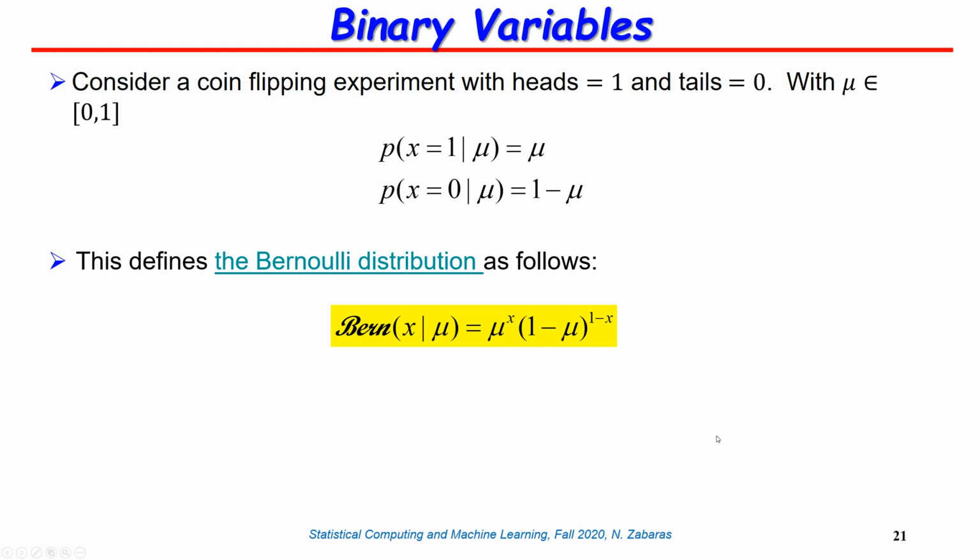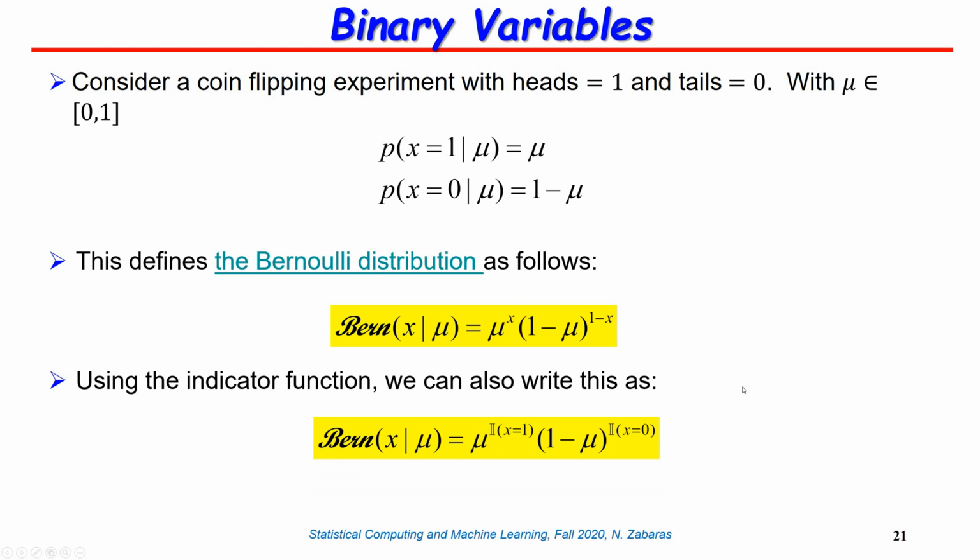Now, a better way to remind yourself that the Bernoulli distribution is for a binary variable that only takes the values x equal 1 and x equal to 0 is to write it with indicator functions. This is my favorite way of writing these binary variables.